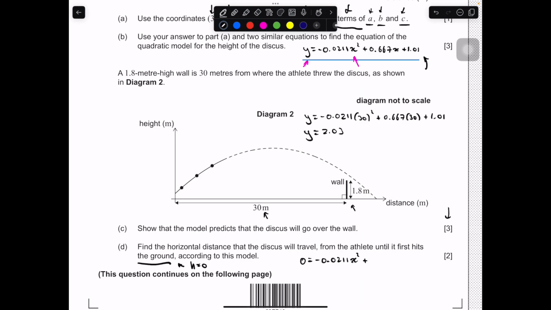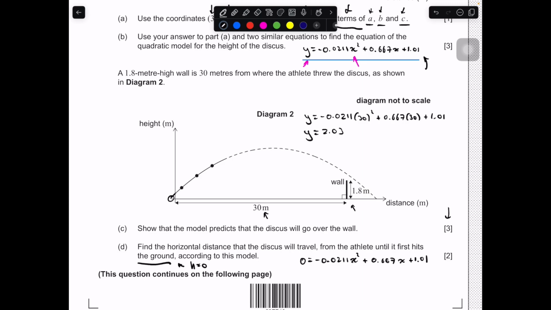We want to find the values of x that make this true. You can n-solve this, but it will give you the value closest to 0, so it'll actually give you a negative value, which would be incorrect because that's before the throw, really.